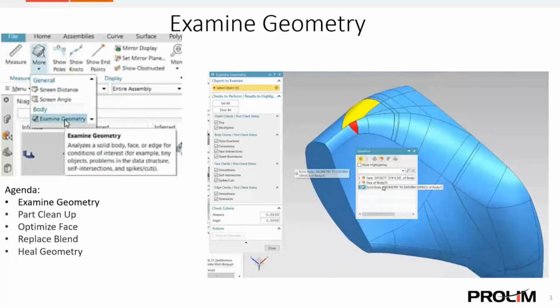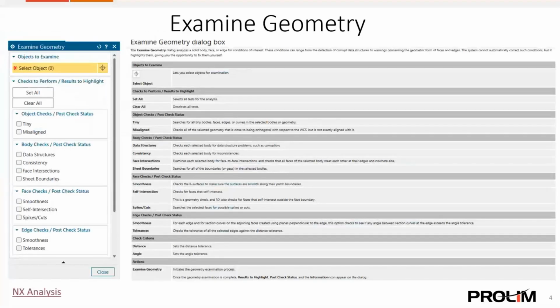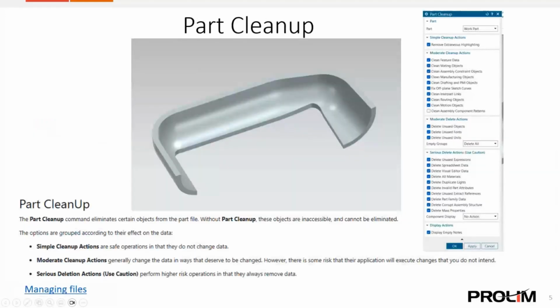From there, we talked about the dialog box within the exam geometry. There are many areas that you can look at just by hitting your F1 key and going into the Support Center and looking at what each one of these means. I then talked about part cleanup. I warned you guys to be careful with this one because it does make changes for you.